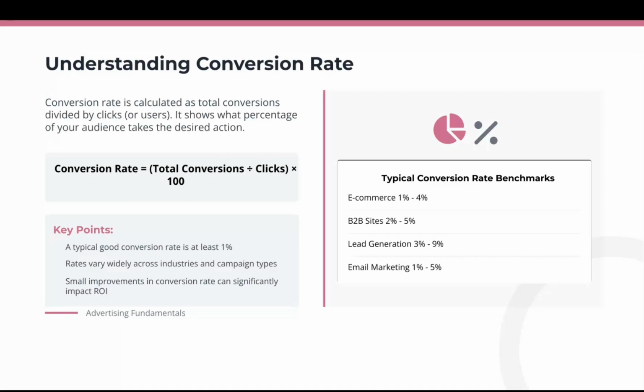A typical good conversion rate is at least 1%, so we want to shoot for at least 1%. This is going to vary widely across industries and campaign types. A small improvement in conversion rate can significantly impact the return on investment. So we have the typical conversion rate benchmarks.